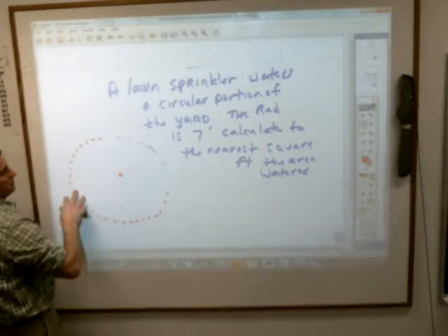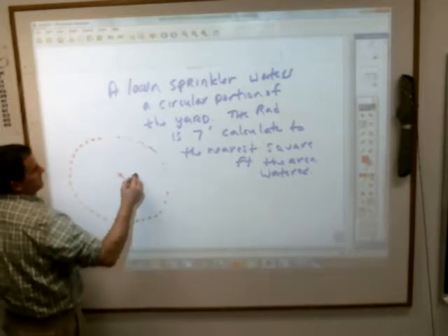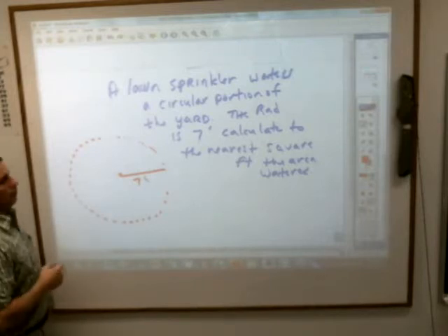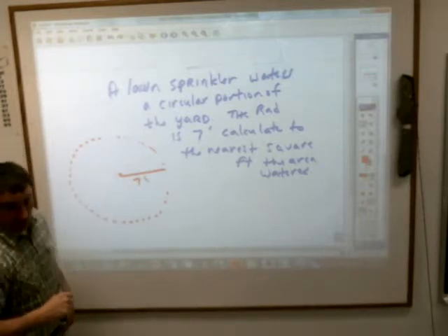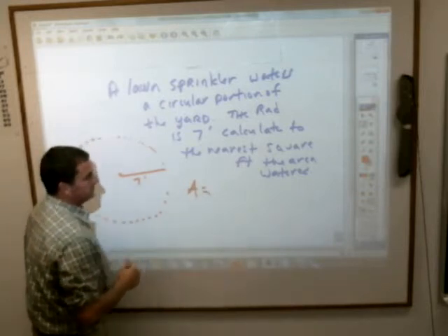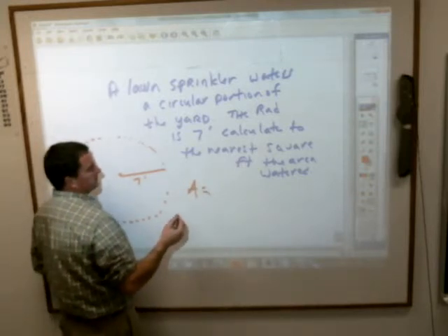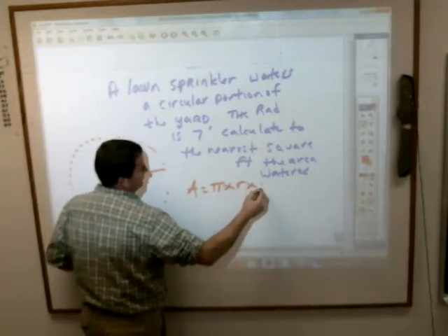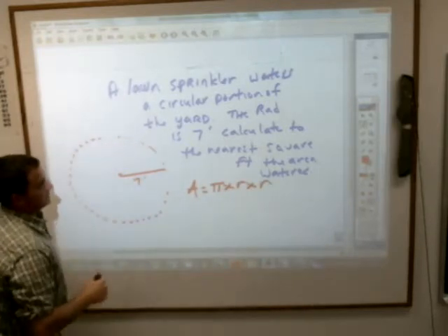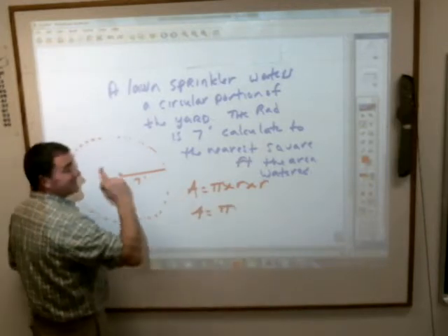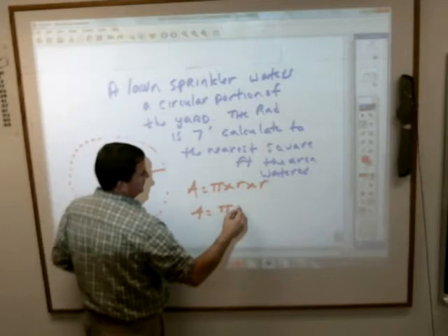We know that this is a 7-foot radius. So what am I going to do to find area, Kendall? Yes, write down the formula. Formula is pi times radius squared. Area equals pi. Now notice I didn't say leave in terms of pi there, but what is the radius?